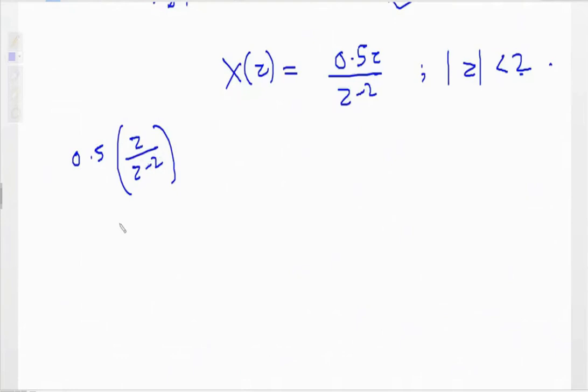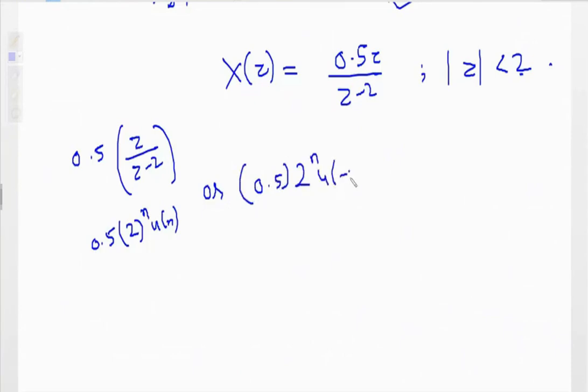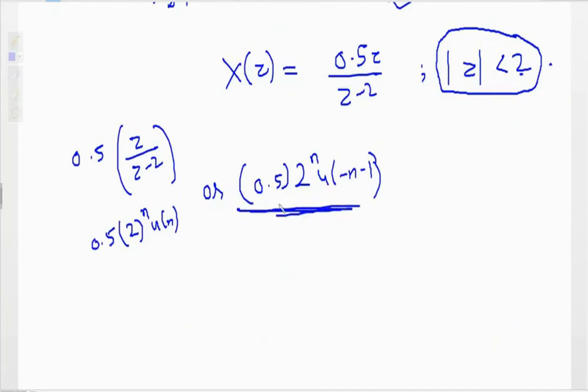It can be 0.5 times 2 raised to n u of n, or it can be minus 0.5 times 2 raised to n u of minus n minus 1. But as per the given condition that the ROC includes the unit circle, magnitude z must be less than 2. So we can have two types of time domain signal, either this or this, but as per the condition given in the question, our signal is 0.5 times 2 raised to n u of minus n minus 1.